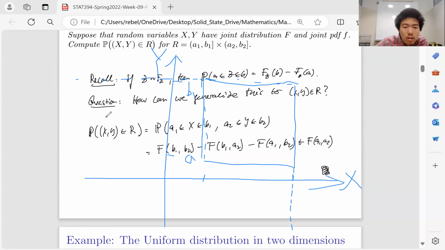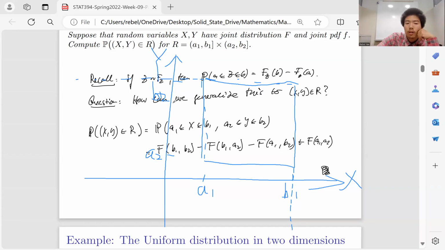I think the formula is right. So this is A1, B1, and this is A2, B2. This is the first dimension and this is the second dimension, right? We calculate the interval here and the interval here. So that is A1, B1, A2, B2.